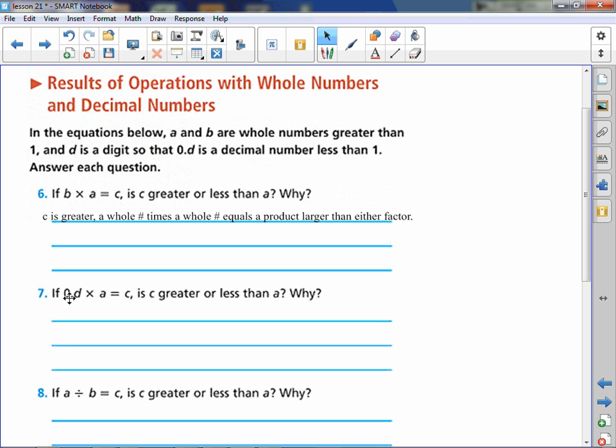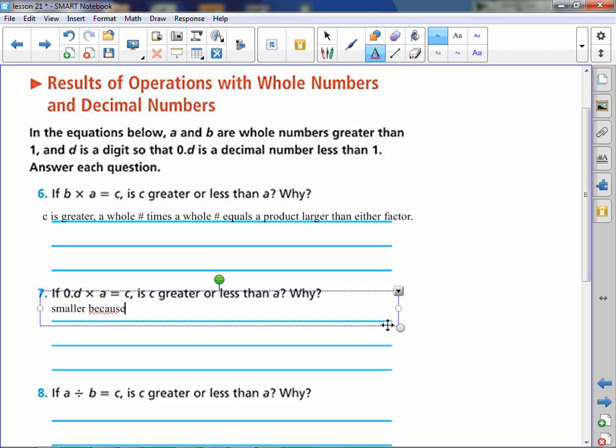If we multiply a decimal times a whole number, is the whole number going to be larger or smaller? Again, this time we're going to say it's going to be smaller because a decimal times a whole number is like finding a part of a whole.